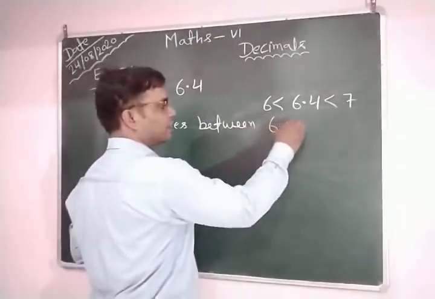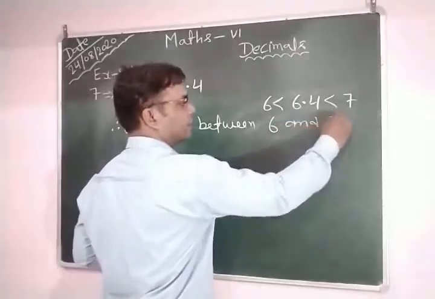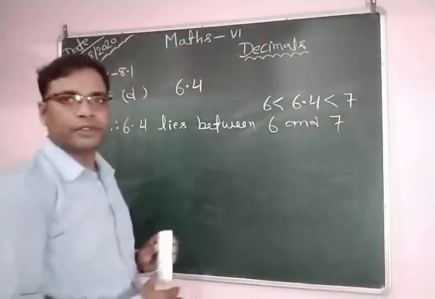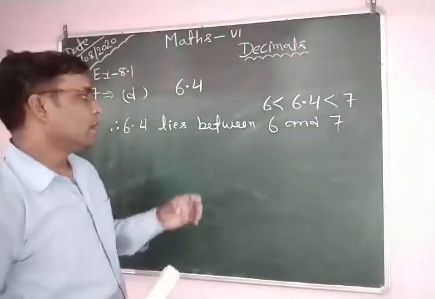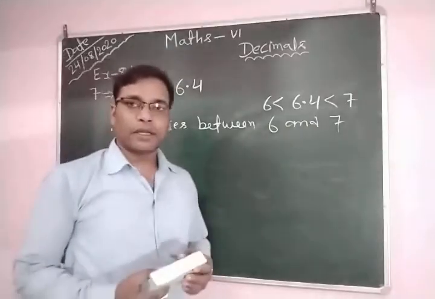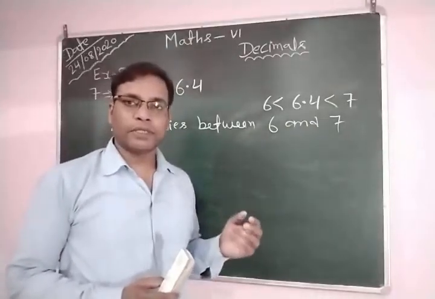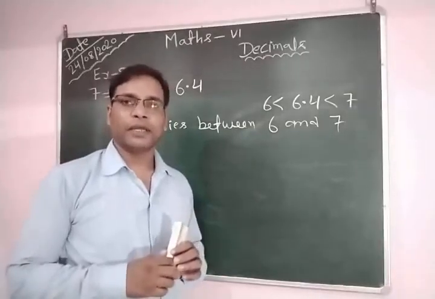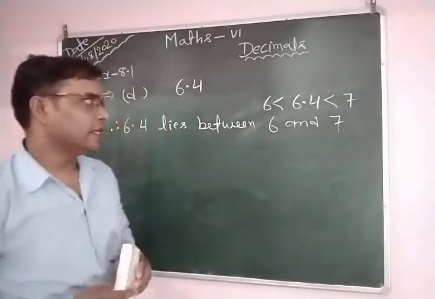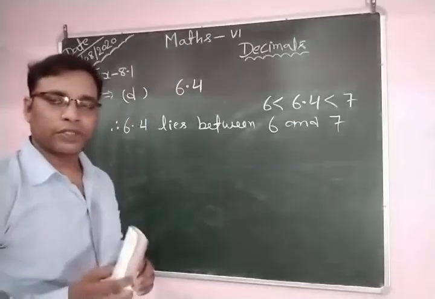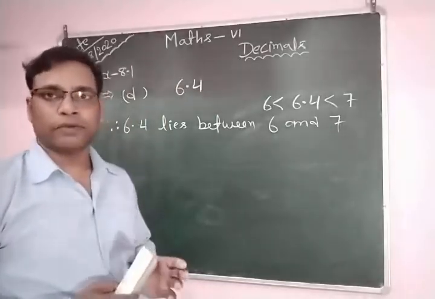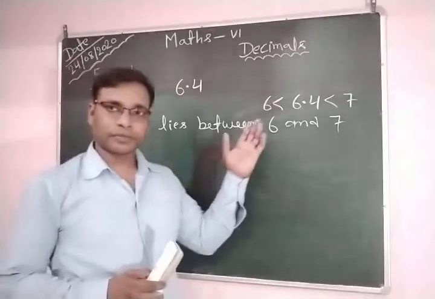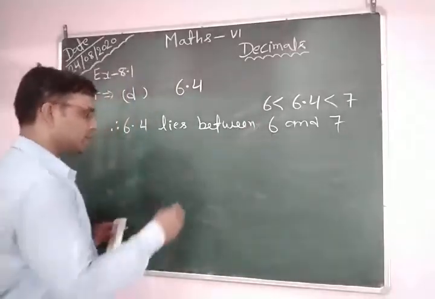Now, is 6.4 nearest to 6 or 7? For this we draw a number line. After this we can take a decision, that 6.4 is nearest to 6 or nearest to 7 according to its position. So let's see, this is a number line.